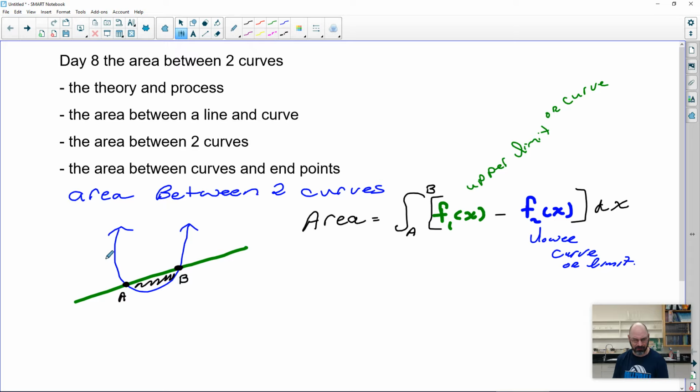Now, this is an example of a parabola and a line. You could have two parabolas, one curving this way, one curving the other way. You could have just a line and the x-axis with two given endpoints and something like that. So let's do our first example. I got about 4 different examples. We'll see.